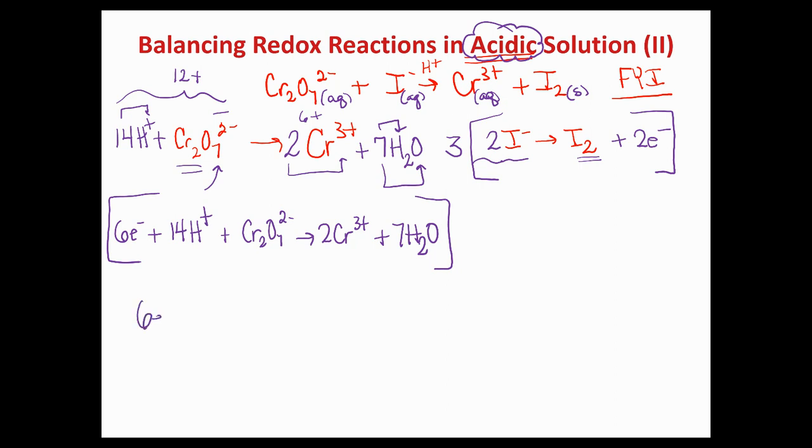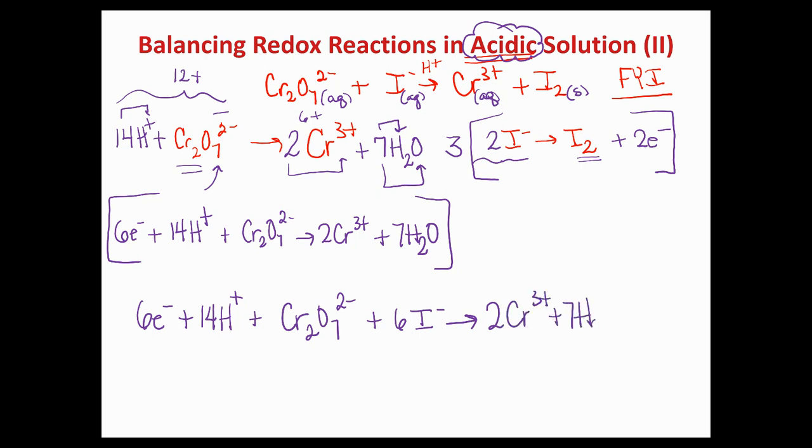So I'm going to say 6 electrons plus 14 H+ plus dichromate plus 6 iodides makes 2 chromium 3+, 7 waters, plus 3 iodine, and 6 electrons.